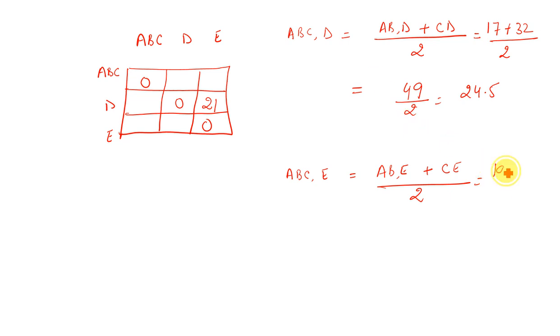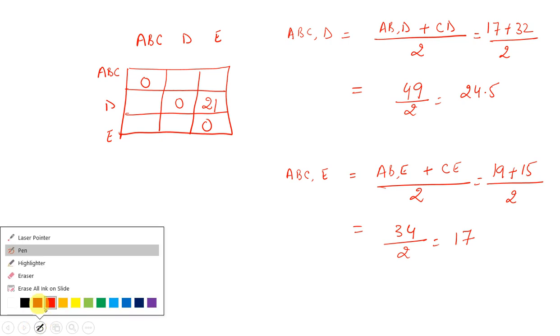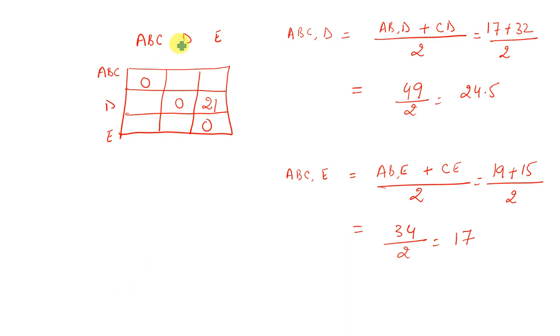So this value is 19 plus CE, and CE value is 15, divided by 2. So this value will become 34 divided by 2, which is 17. So let's fill this value in the matrix. This is ABC comma D, it is 24.5, and this one is 17. So now our second iteration is over here. Second iteration completed.